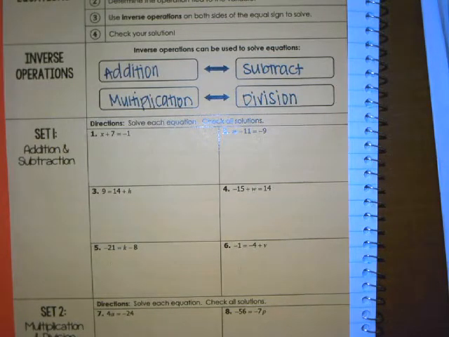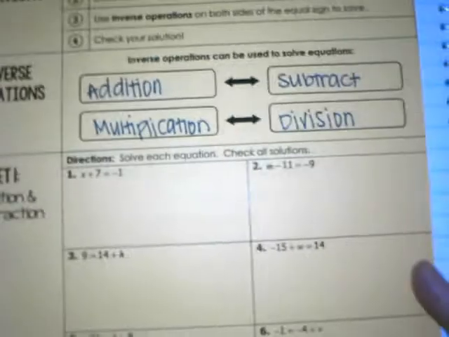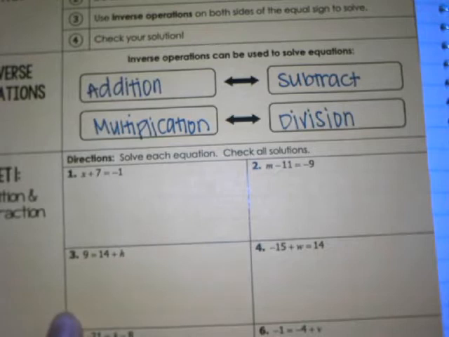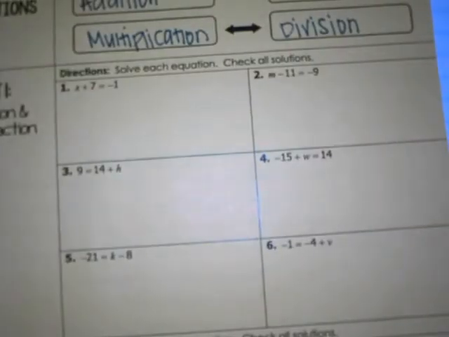All right. So here's kind of how I teach it. When we look at number 1, I've always taught that you need to draw a line to split up your two sides. You have two sides of a problem, split up by your equal sign.